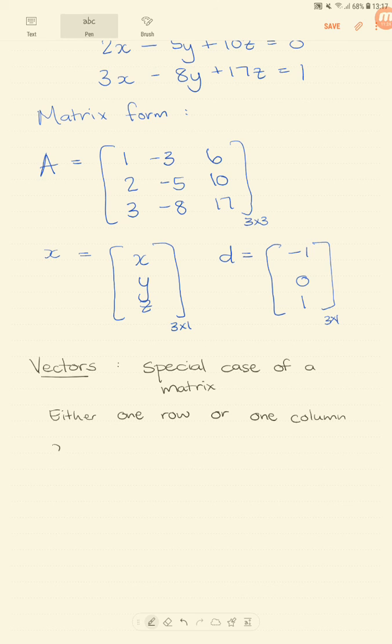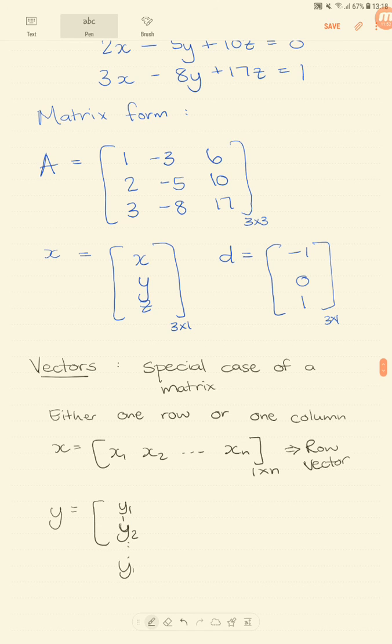So for example, x equal to x1, x2 up to xn, which is a 1 by n matrix, is a row vector, and y equal to y1, y2 down to ym is an m by 1 matrix, which is a column vector.